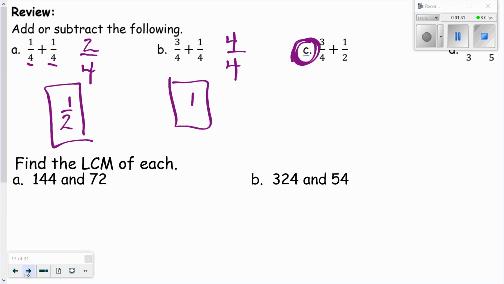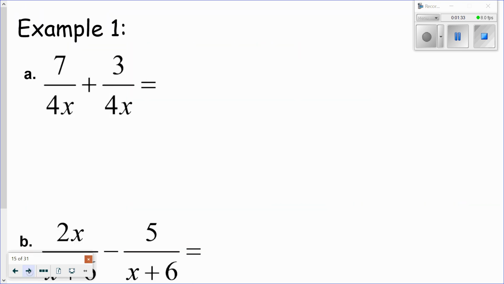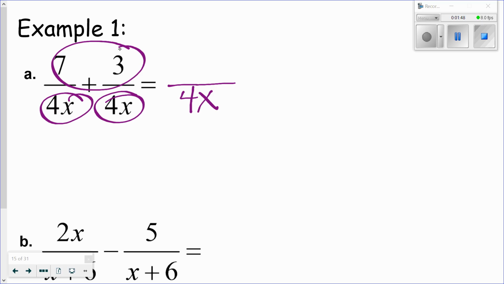Let's go ahead and look at example 1 together. When you have the same denominator, you're going to keep that denominator and add the tops. So you are going to have 10/4x. For this type of problem, I would like you to simplify it because I know you know how to do this.